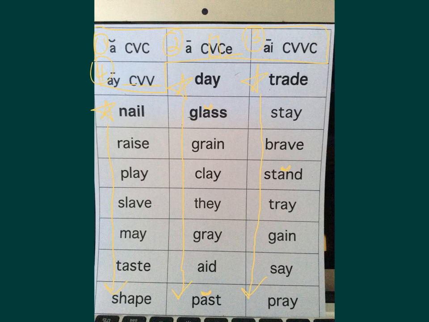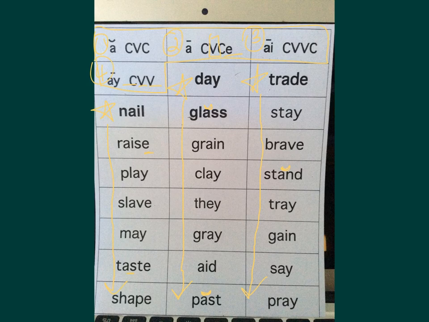So looking back up at our headers again, you're looking for long A now that have an E on the end. So as I'm looking through my first row, I do see here the word raise, and it says A and there is an E on the end, but you have an AI together. So I'm going to save that for the AI column. So I'm looking through again, play, slave, may, taste. Here we go.